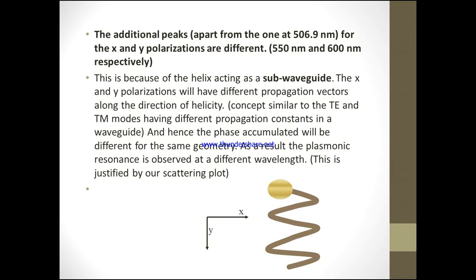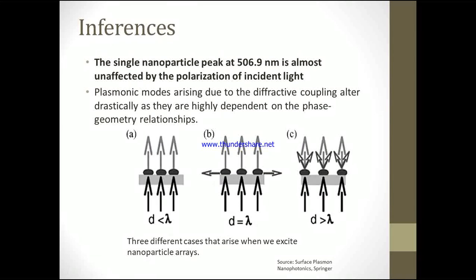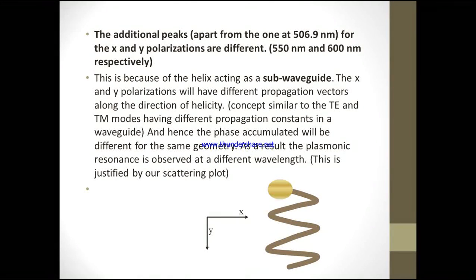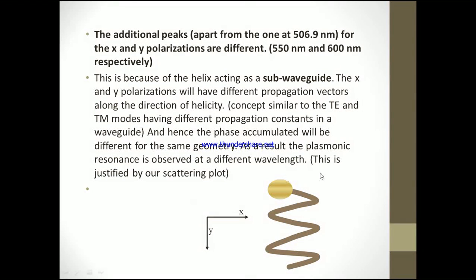Here, due to the polarization difference, the propagation constants in the helical nanostructure would be different for both the X and Y polarizations, and hence the incident electric field accumulates different phases as they reach the gold nanoparticles.